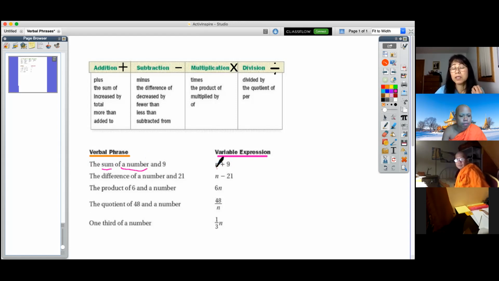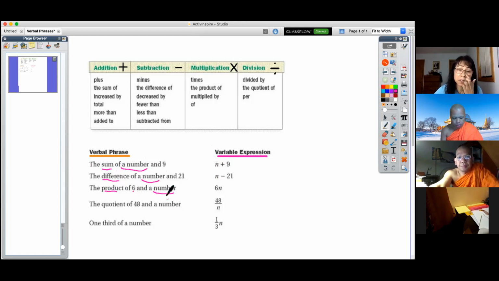You let your letter represent the unknown variable: n, a, or x. Different means subtract, so you're subtracting a number and 21. Products mean multiply, so you multiply 6 and some unknown number.